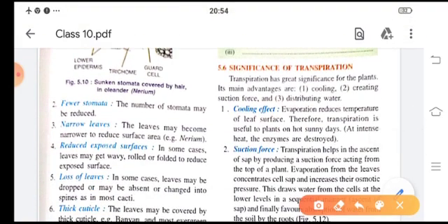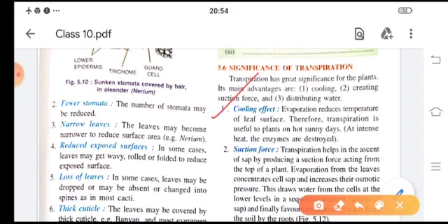Here are some significances of transpiration, how the transpiration process is helpful for the plant. Earlier, children, I told you that transpiration produces a cooling effect on the plant. Evaporation reduces the temperature of the leaf surface, therefore transpiration is useful in hot weather, as it provides a cooling effect. Suction force is also created during the transpiration process, because it helps the ascent of sap.